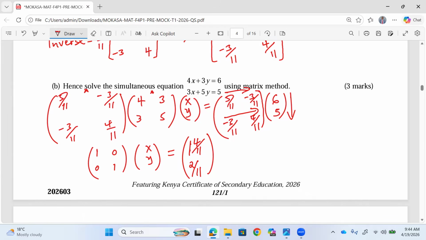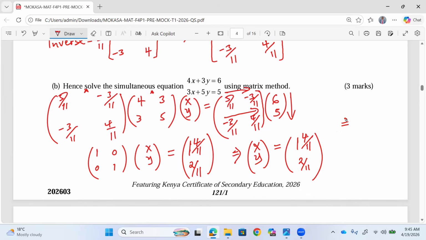So now at that point, agree with me that the identity matrix on the left-hand side times any matrix leaves the matrix unchanged. So it remains xy equals 1 and 4 over 11, then 2 over 11.